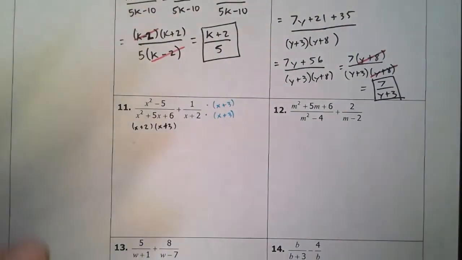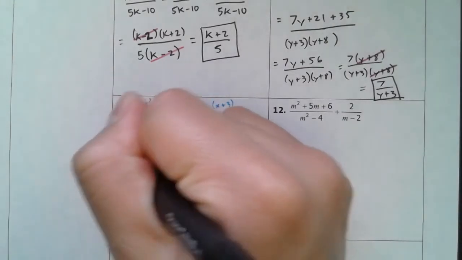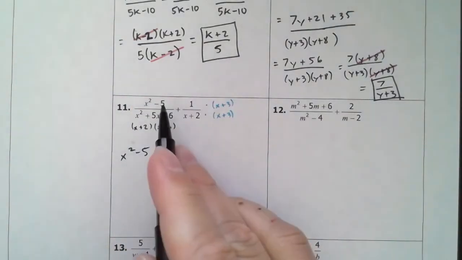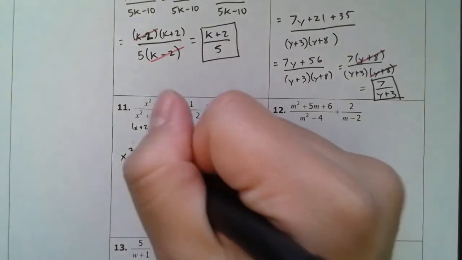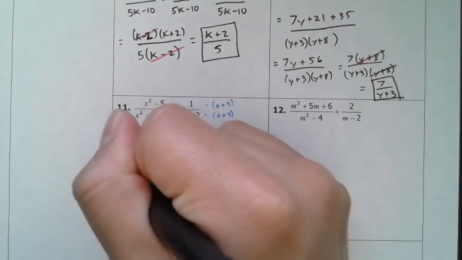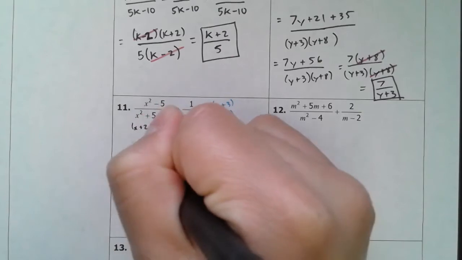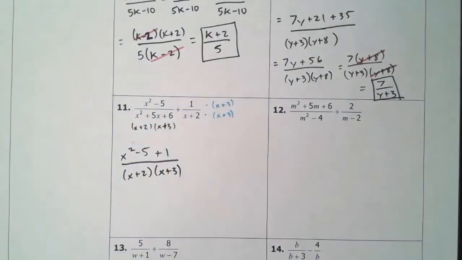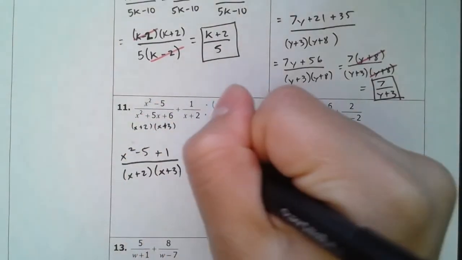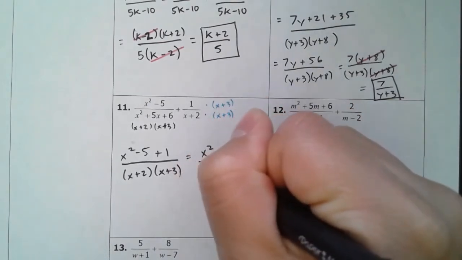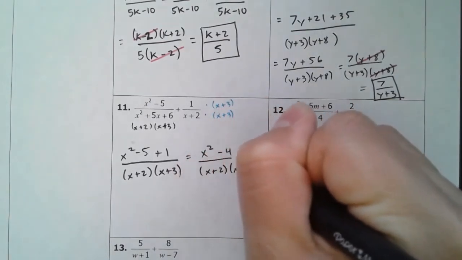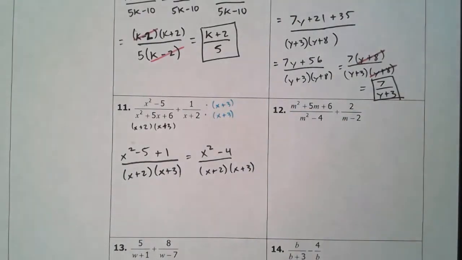I'm going to skip a step, so x squared minus 5, that's from here. I already know that they're both going to have the same denominator, so I can just go ahead and add, plus 1, all over x plus 2, x plus 3. Combine the terms on top, I have x squared minus 4 over x plus 2, x plus 3. And then the top here is a difference of squares.